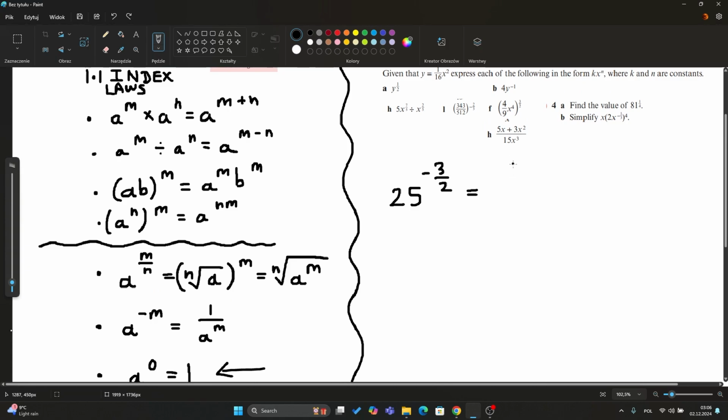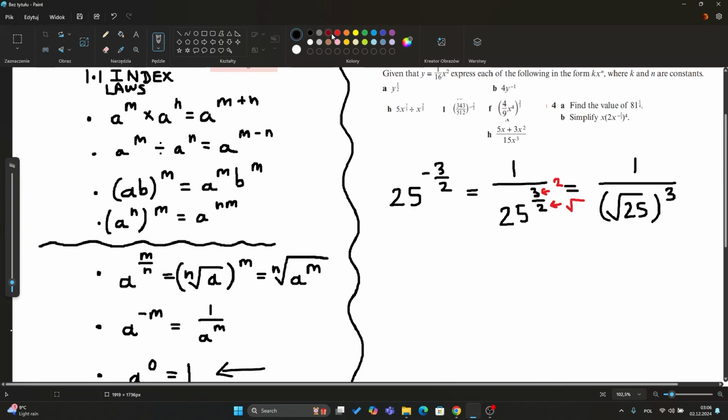So this becomes 1 over 25 to the power of 3 over 2. And now we apply the following to the denominator. So we square root the 25 and raise it to the power of 3, because this one is a power and this one is a square root.